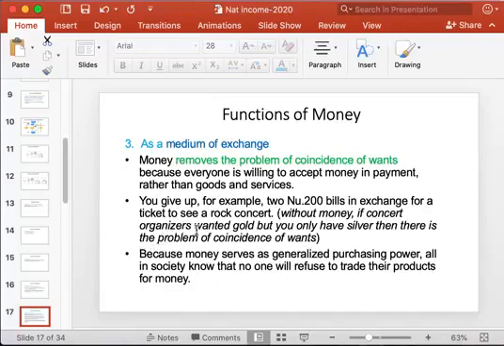Now to move on, another function of money is that money serves as a medium of exchange, and you can use money as a means of exchange for purchasing any goods and services.